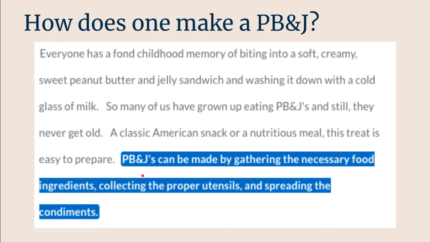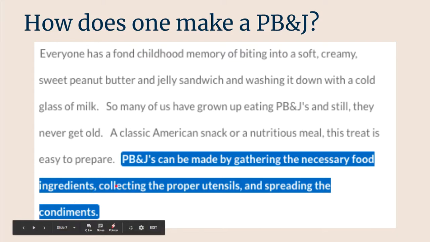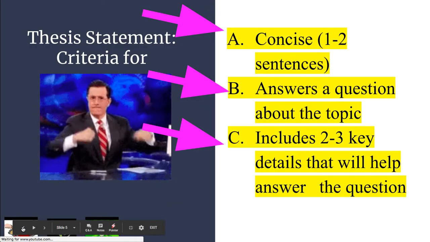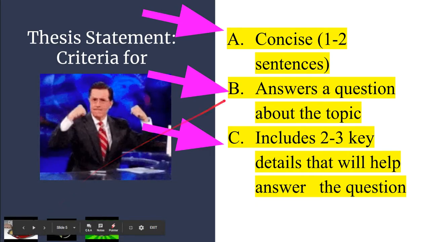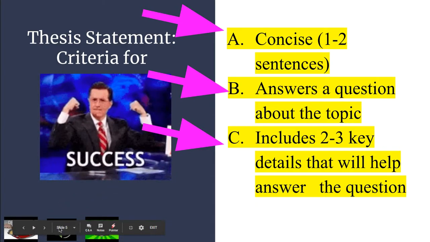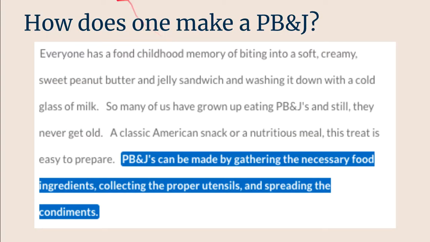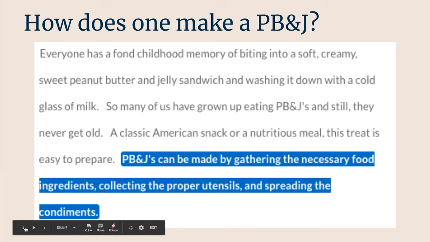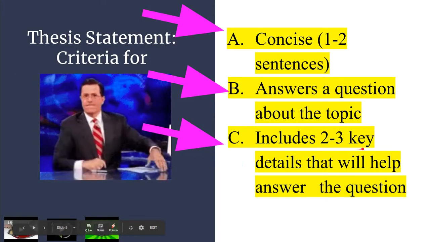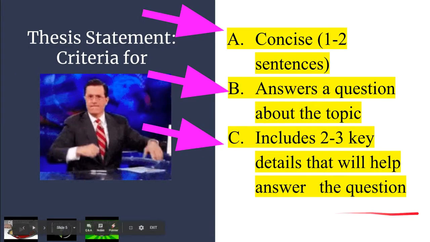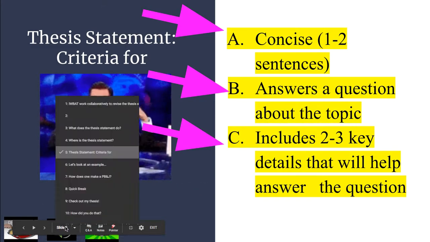PB&Js can be made by gathering the necessary food ingredients, collecting the proper utensils, and spreading the condiments. Going back, it is concise. It is 1 to 2 sentences. Does it answer the question about the topic? Well, here's the question, and yes, it does. And lastly, which is probably the most important one, is a thesis statement includes 2 to 3 key details that help answer the question.